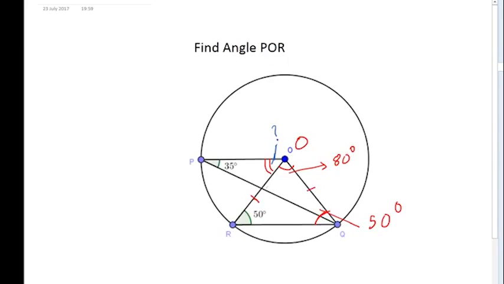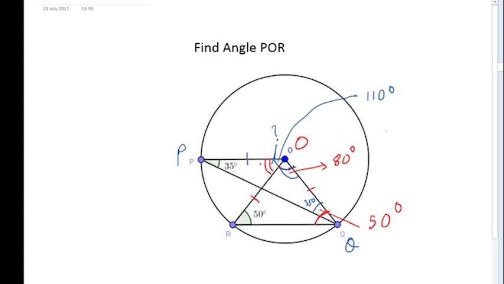So what else can we do? We also know this triangle will be isosceles because it's the radius. So OPQ will also be isosceles. So if this is 35, you get this angle to be equal to 35. So this is 70. So the total bigger angle becomes 110, out of which 80 is on this side.